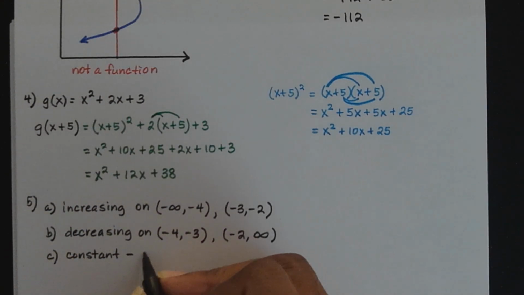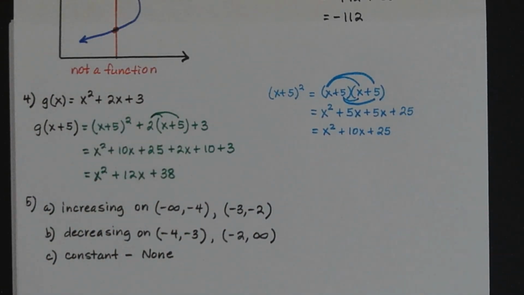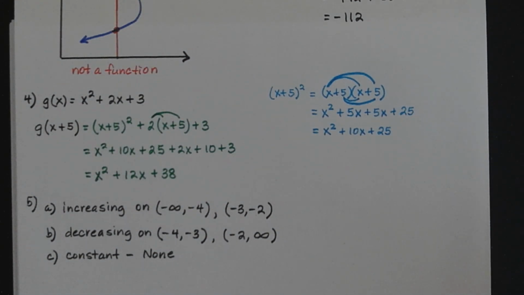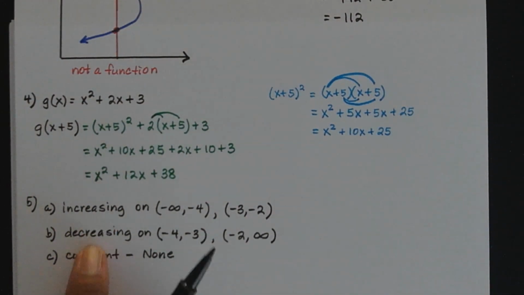And for constant, we can just say none. Constant means that the line has to be a straight line. It's not going up or down, it's just a straight line. And there's no straight line anywhere in that graph. So the answer there would be none for part C. And that's how we list all the intervals on which the function is increasing and decreasing and constant.